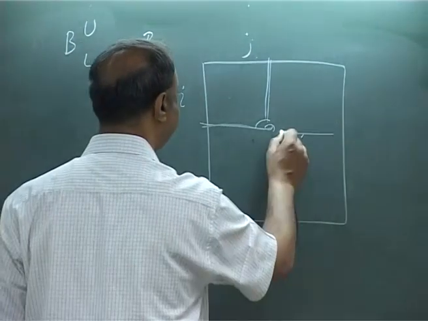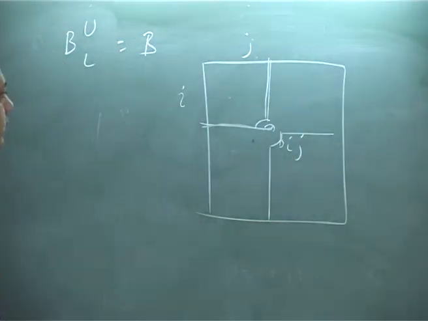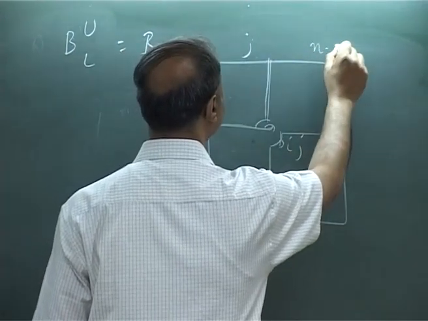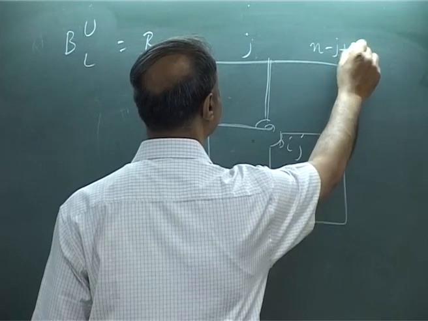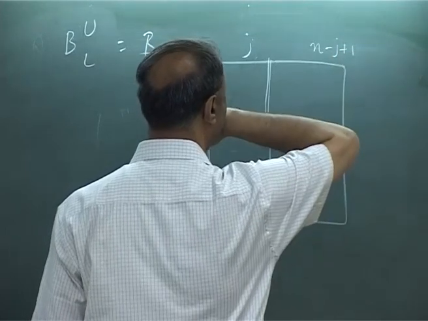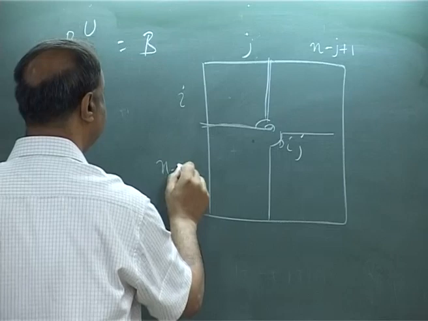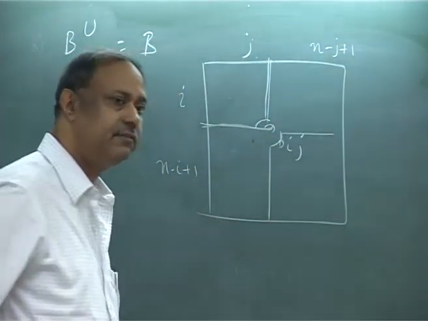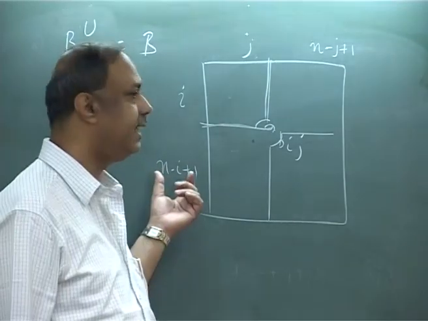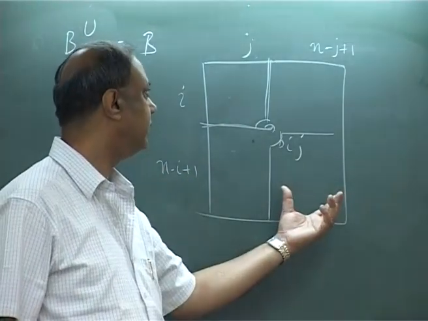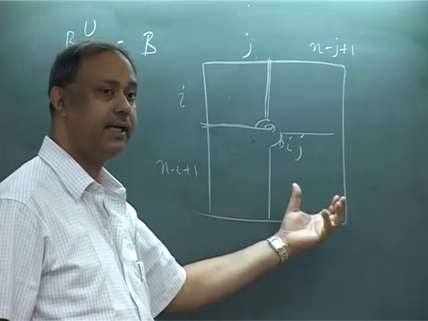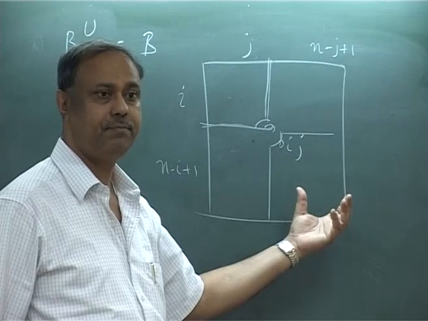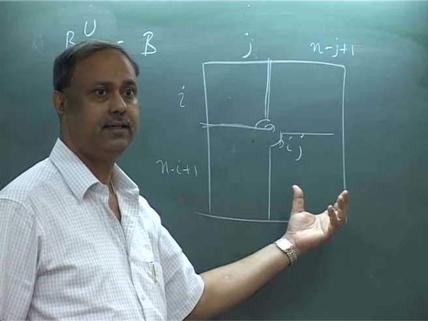Similarly, this side, if it is j, this side is n minus j plus 1, this side n minus i plus 1. So if Bij is the kth element, then exactly this into this must be n square minus k. Yes or no?